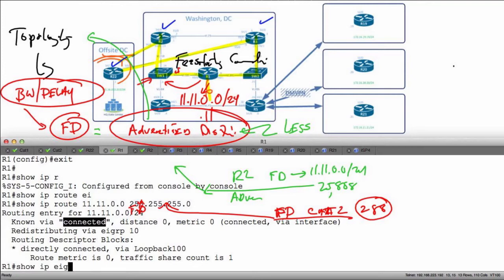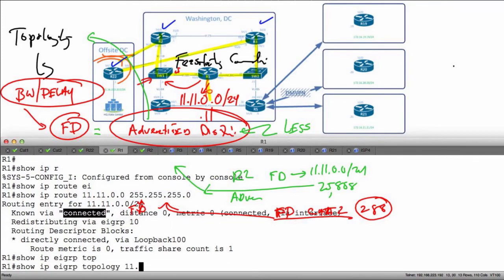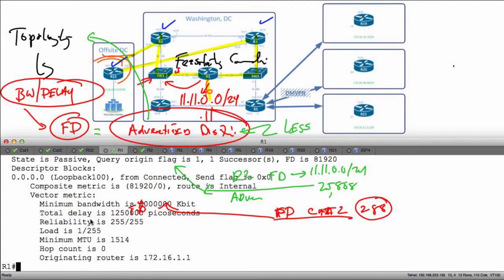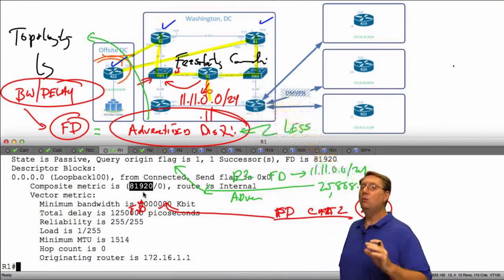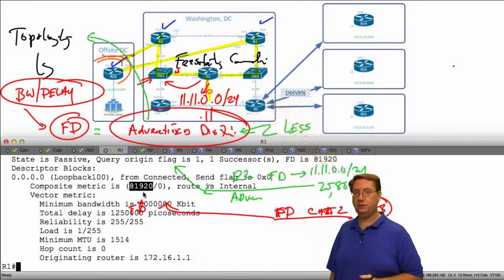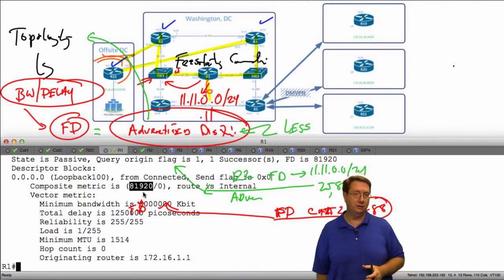Show IP EIGRP topology for 11.11.0.0/24. And what we're going to see here is there is no advertised distance, and the composite metric that we're using here is 812920.